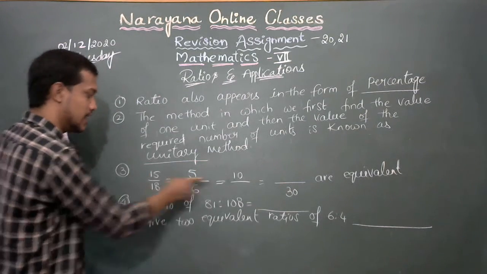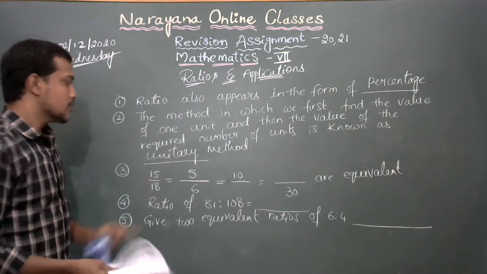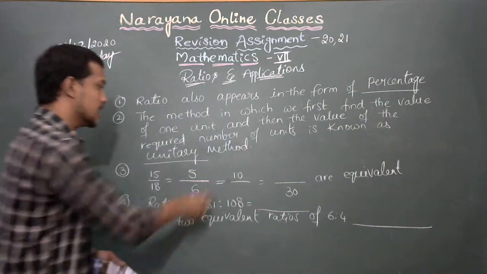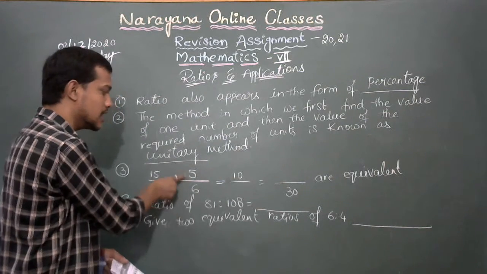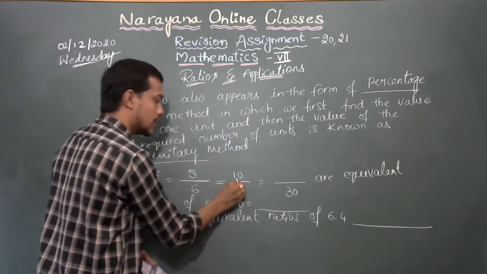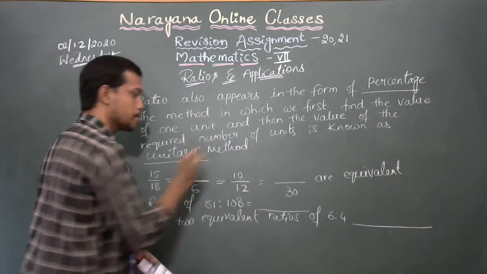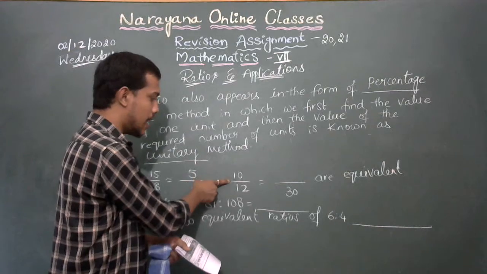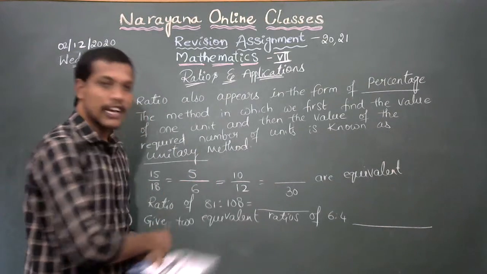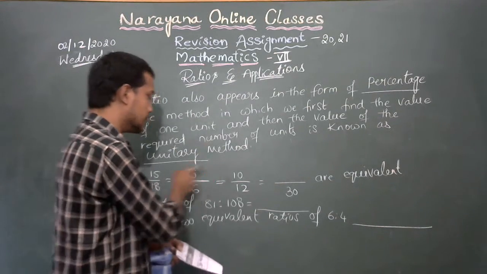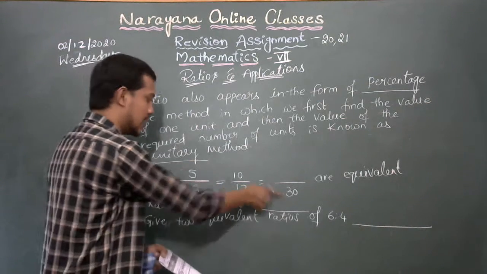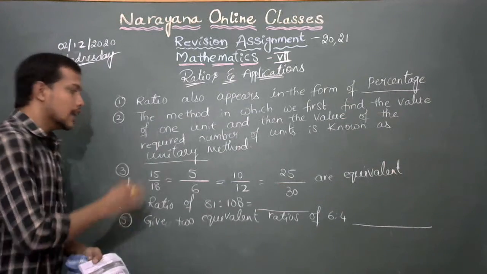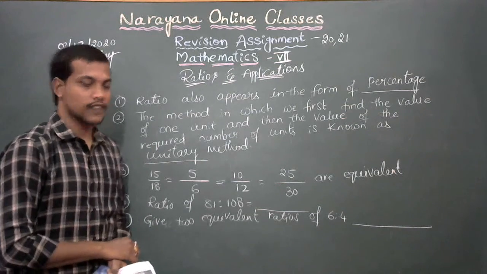Now here 10 is there. 5 2s are 10, 6 2s are 12, so 10 by 12. Automatically 6 5s are 30, 5 5s are 25. So these are called equivalent fractions.